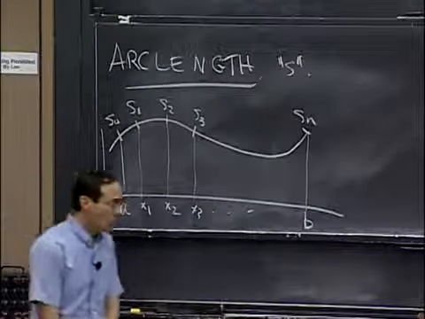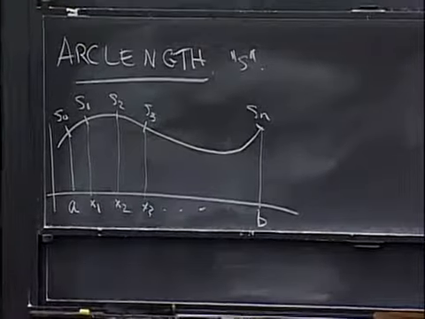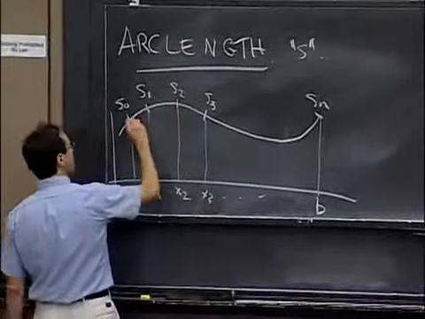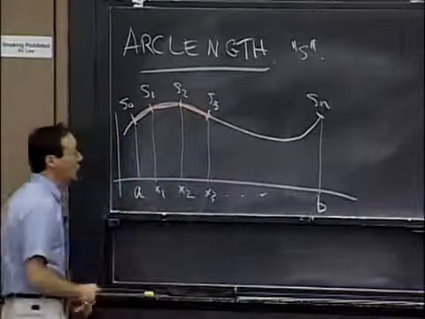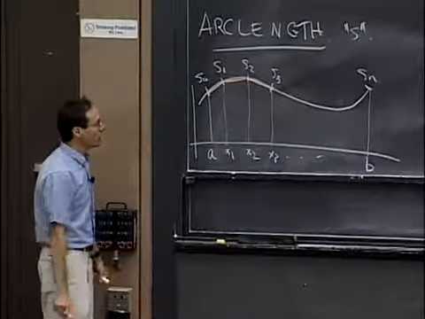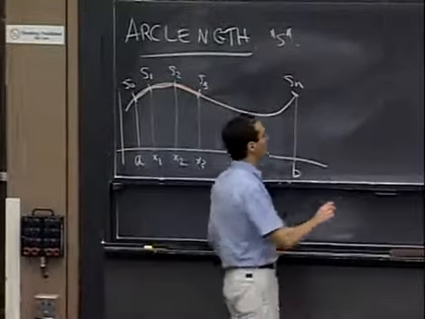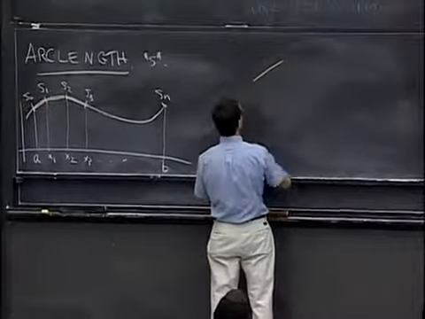And then the way that we're going to approximate this is by taking the straight lines between each of these points. Now, as things get smaller and smaller, the straight line is going to be fairly close to the curve, and that's the main idea.